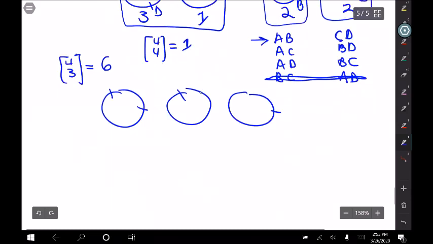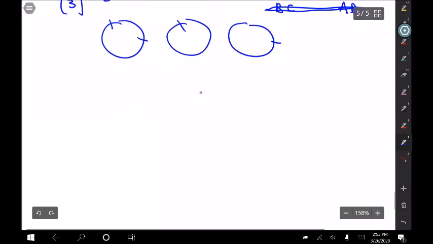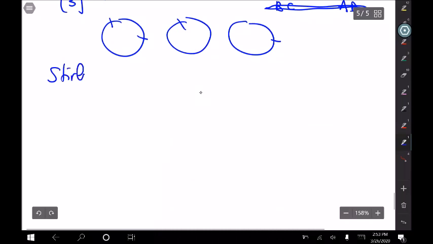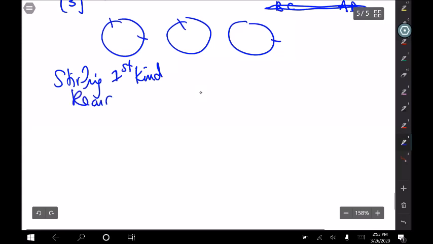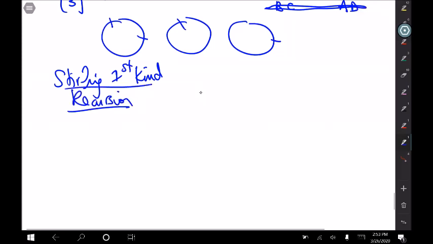Okay, so therefore, let's now build a Stirling first kind triangle. Oh wait, before we build it, we need the recursion. The Stirling first kind recursion will be very similar to the Pascal identity and the Stirling second kind identity.